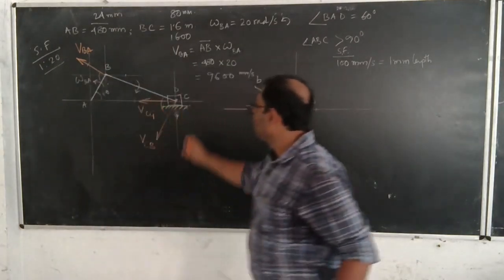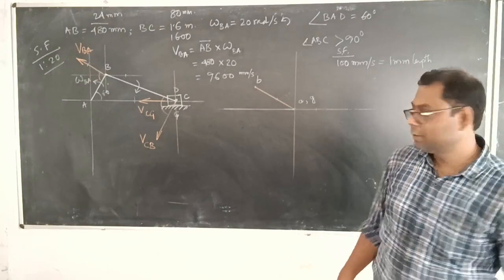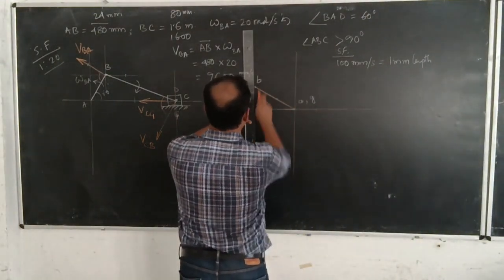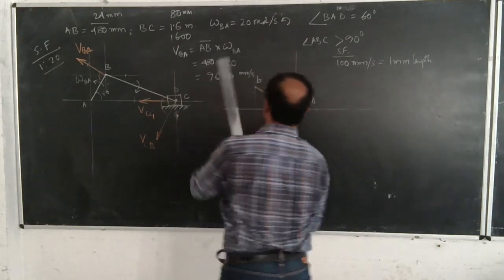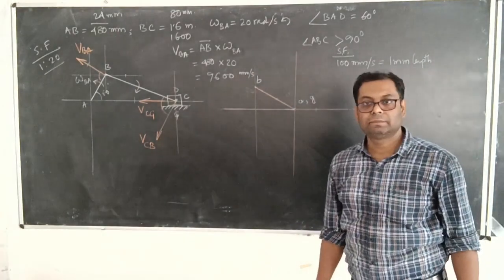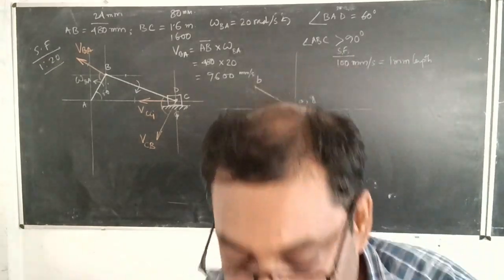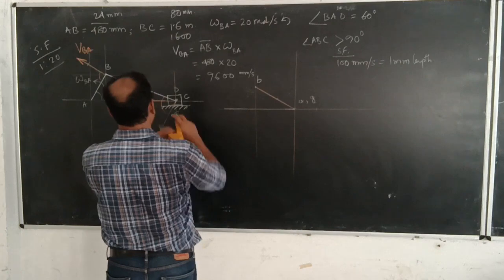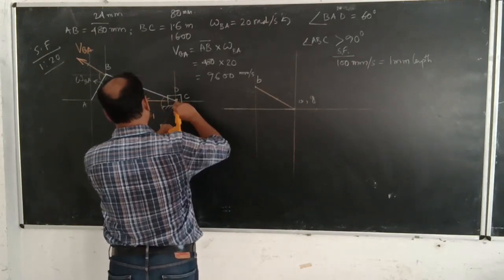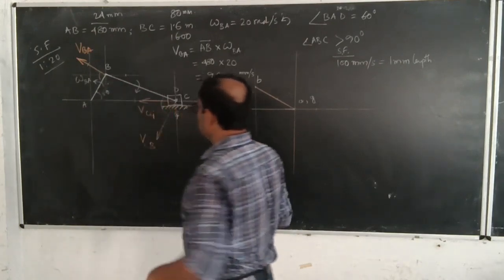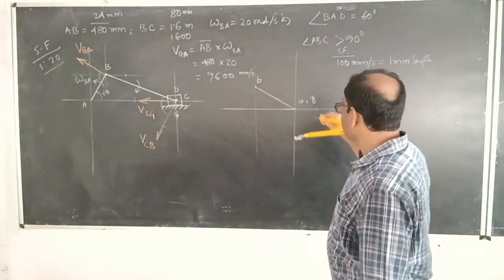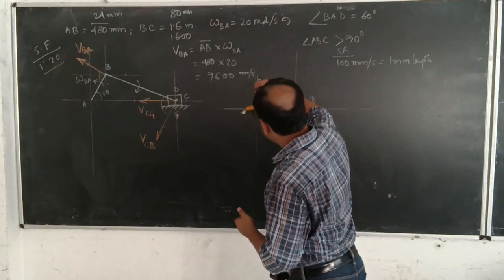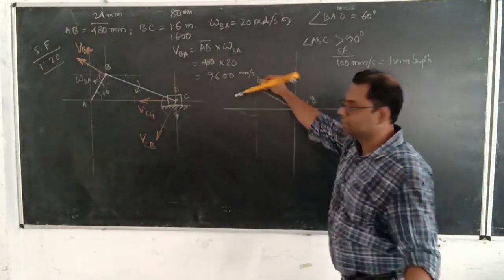We have to draw a vertical line, something like that. As I have shown over here, correctly you have to draw it, and then using a compass you just take any arc length and you have to take the same arc length again over here.